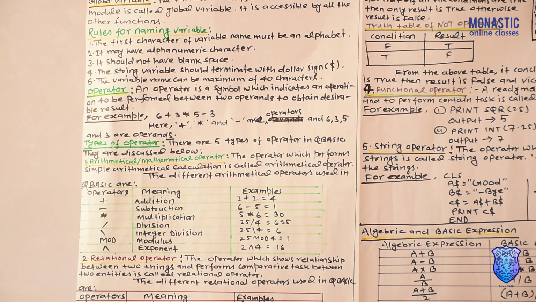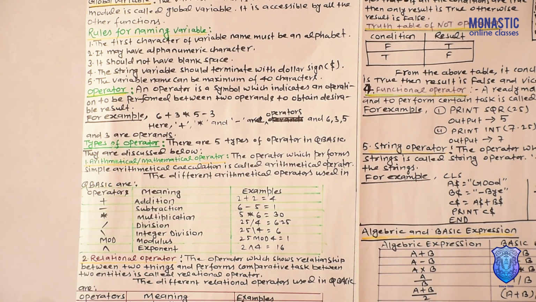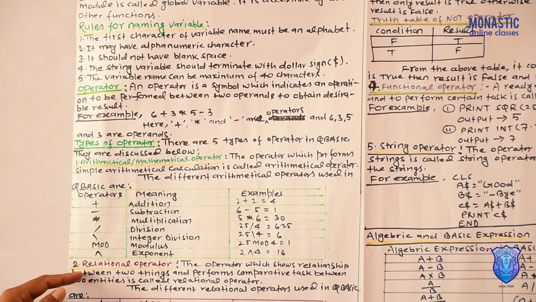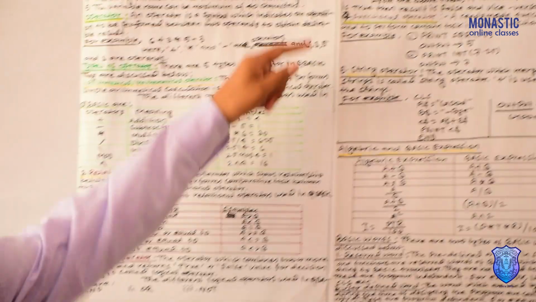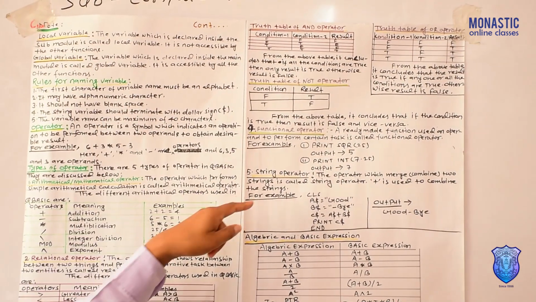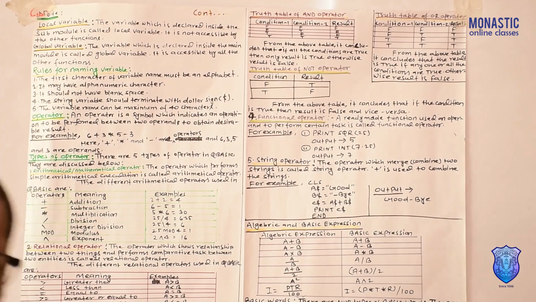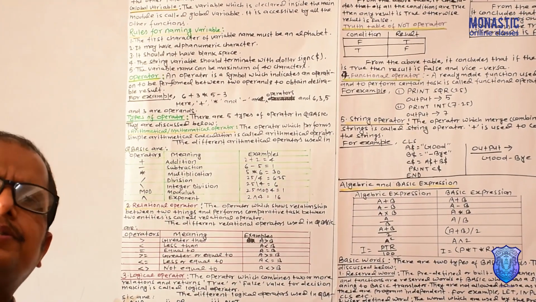Actually, there are different types of operator used in QBASIC. They are: number 1, arithmetical or mathematical operator; number 2, relational operator; number 3, logical operator; number 4, functional operator; and number 5, string operator. Now let me discuss these different operators.